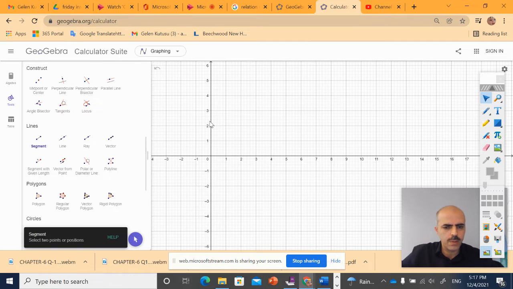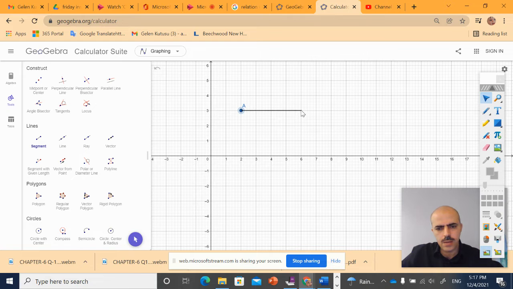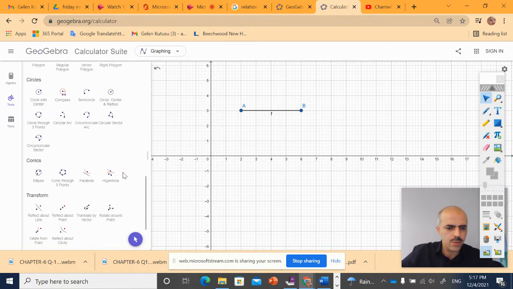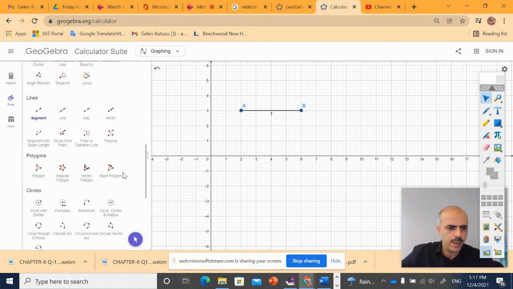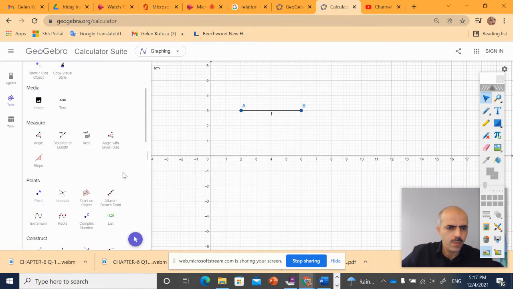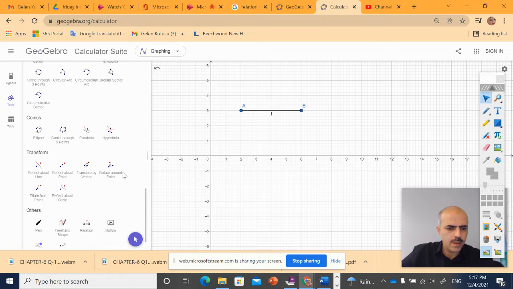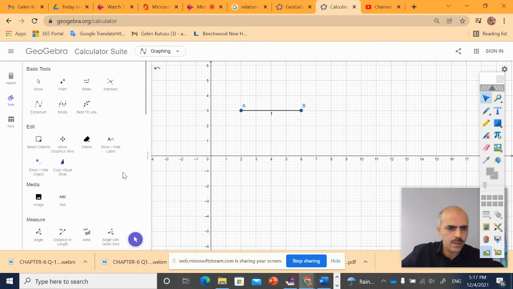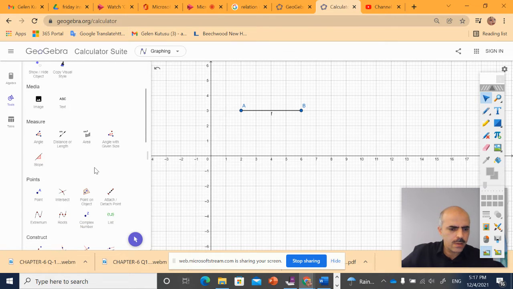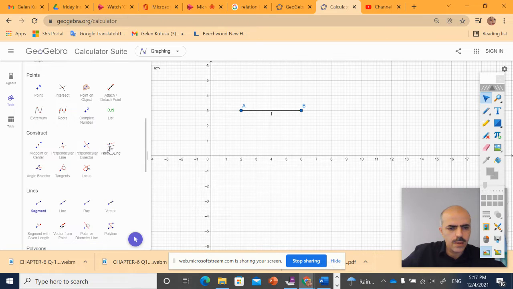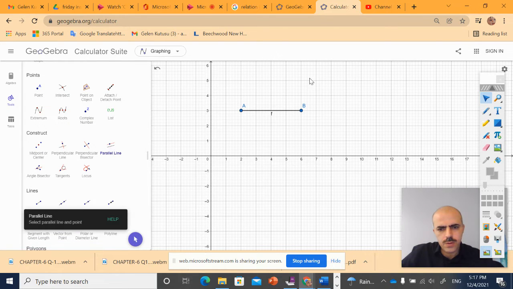I just want to make one line segment. For example, this is A, B, and to this line segment, I just need to draw one parallel line. Yeah, I want to make one parallel line to this.